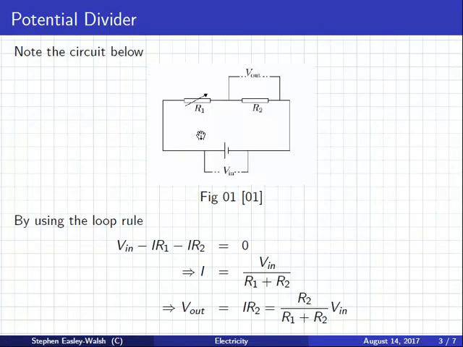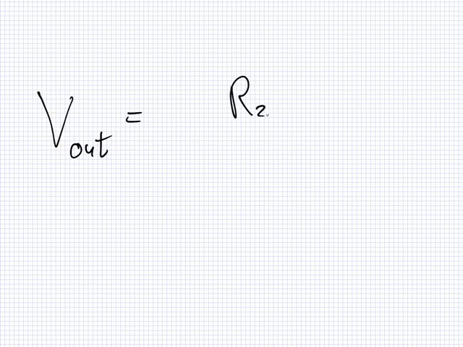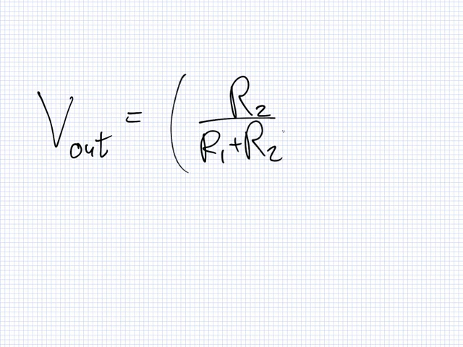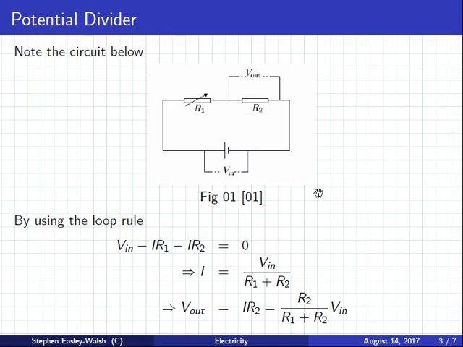V out equals R2 over R1 plus R2, multiplied by V in. That's an important result. So can you write this little proof down? So again, we're just using Kirchhoff's loop rule.